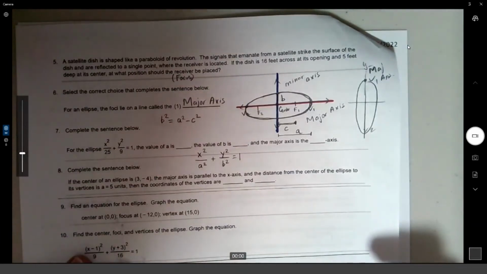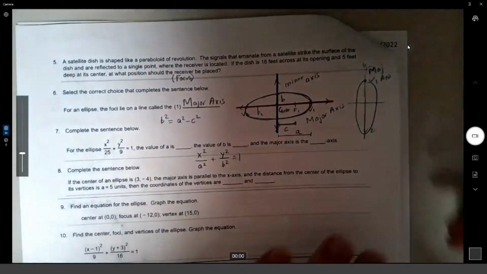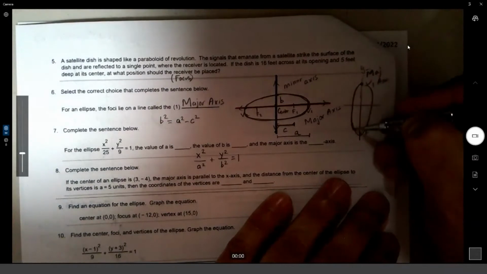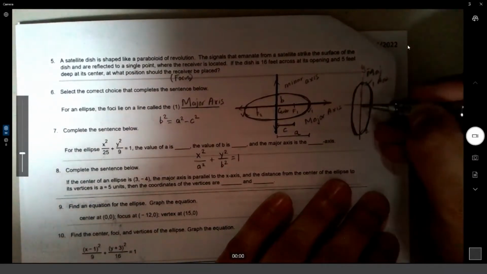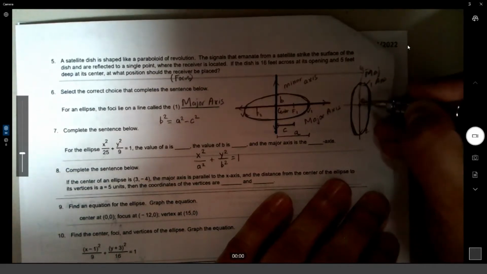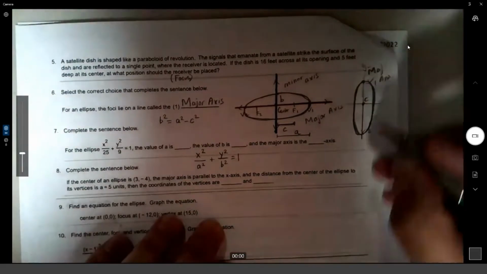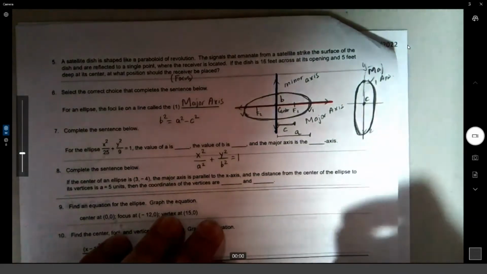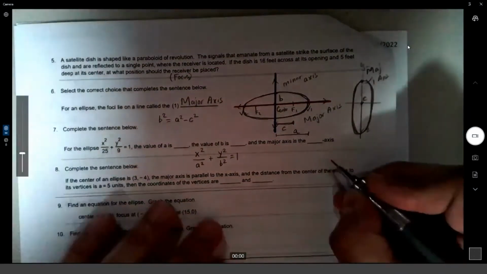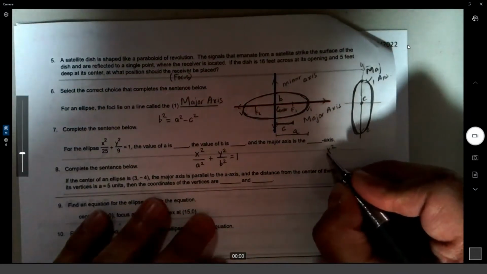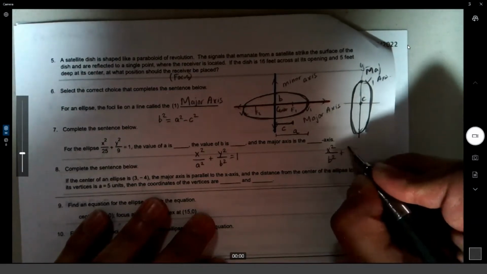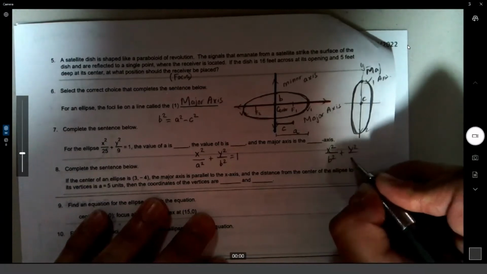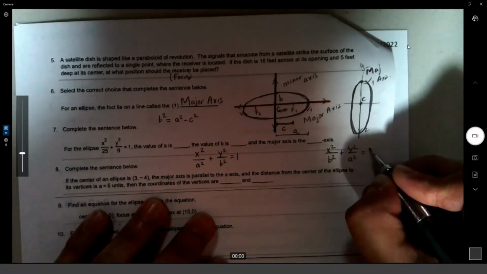If we have an ellipse whose major axis is the y-axis and it is centered at 0, 0, then that ellipse will have the following equation: x squared over b squared plus y squared over a squared is equal to 1.